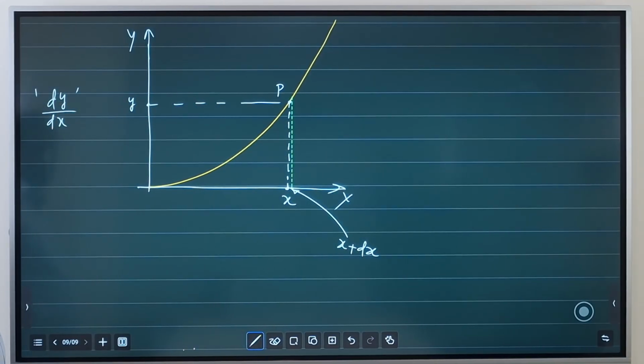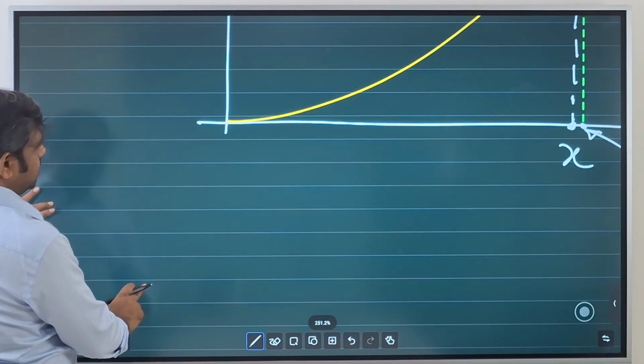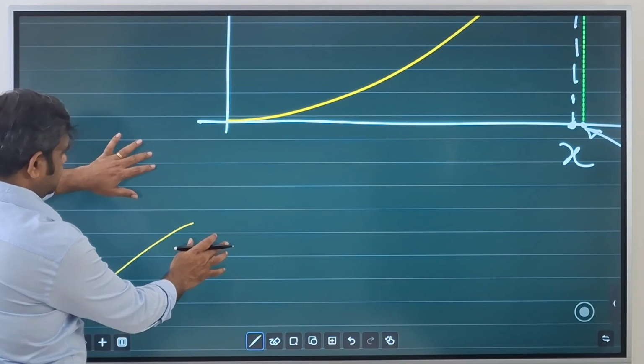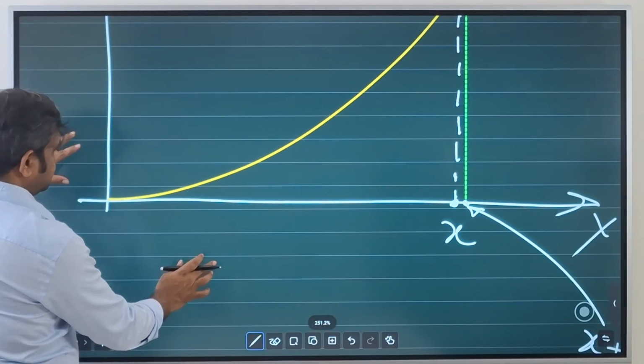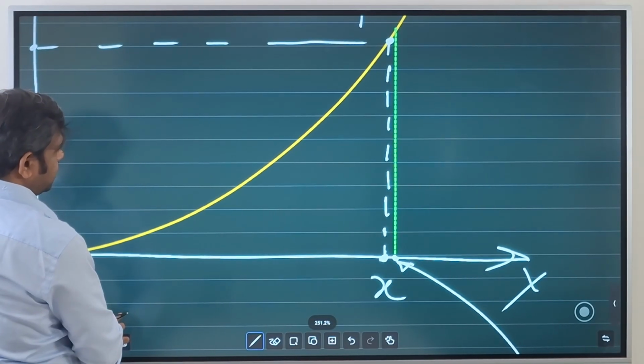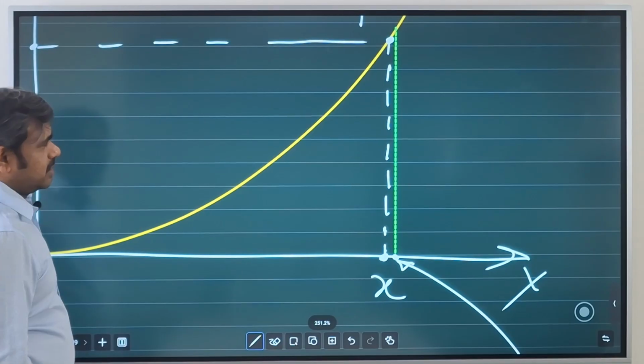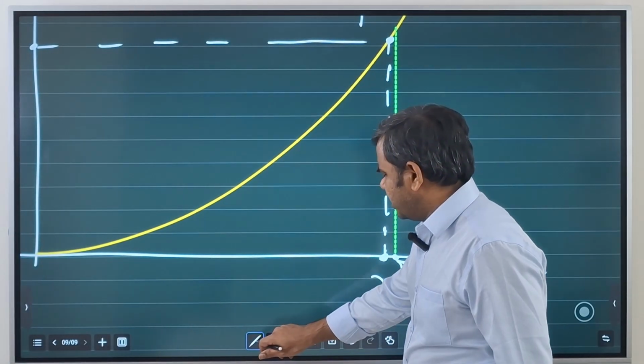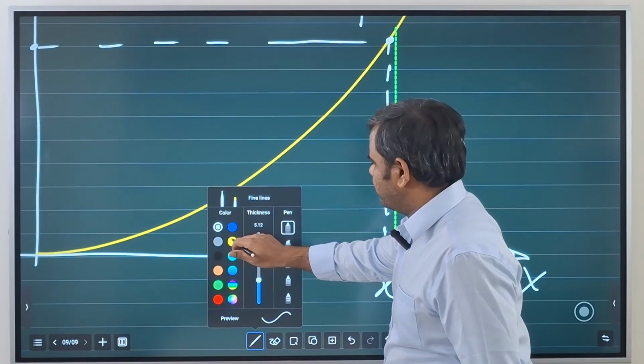So when x changes from x to x plus dx, look at the graph now. x changes from x to x plus dx. y changes, let's say, from y to y plus dy.